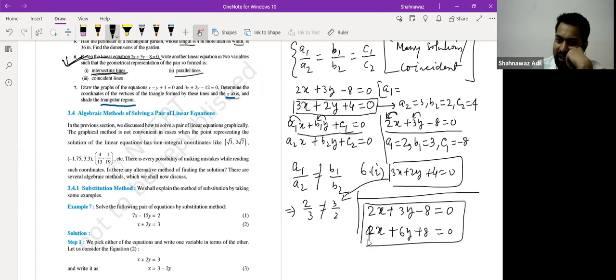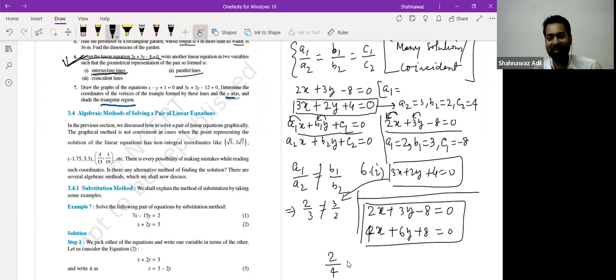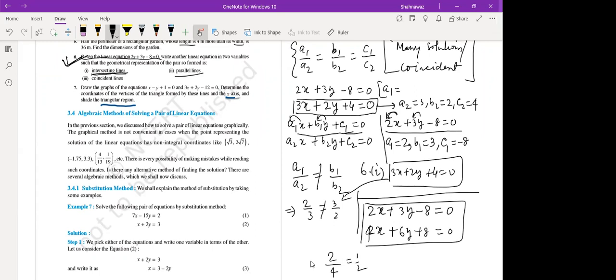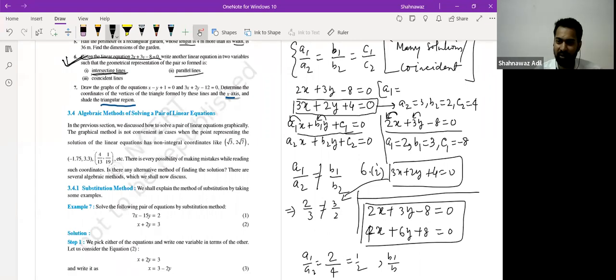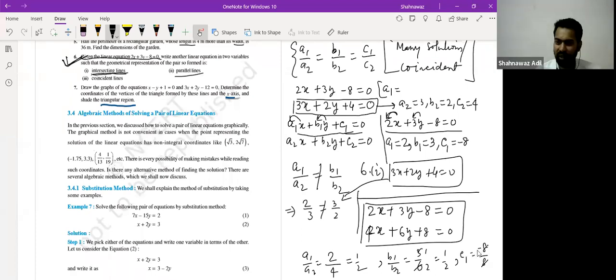Understood? Yes, sir. So A1 by A2 is 2 by 4, which is 1 by 2. B1 by B2 is 3 by 6, so 1 by 2. And C1 by C2 is minus 8 by 8, so minus 1.